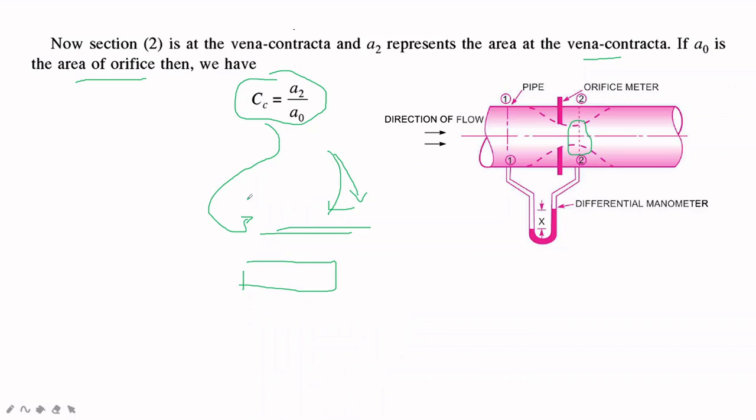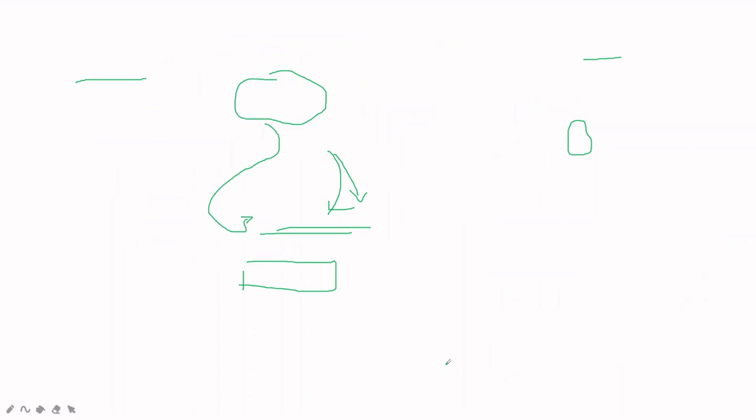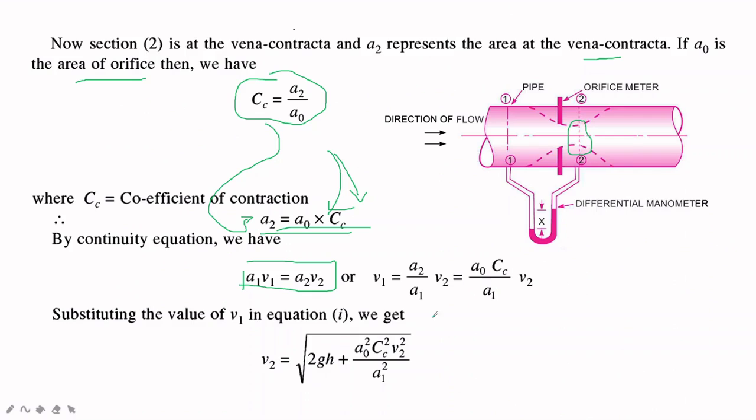We know the value of V2, and I want a term for V1. So V1 is equal to A2 into V2 divided by A1. Substituting the value of A2, it's simple mathematics, so V1 is equal to A0 CC divided by A1 into V2.